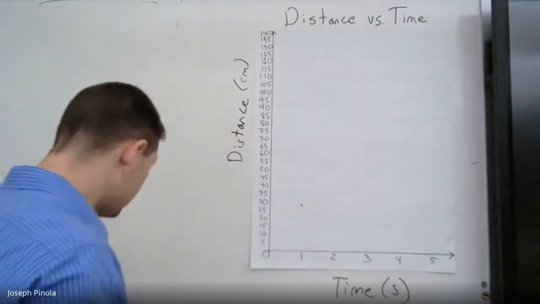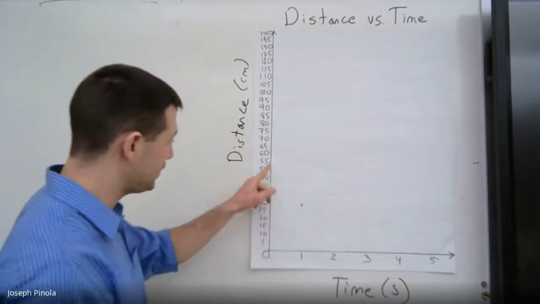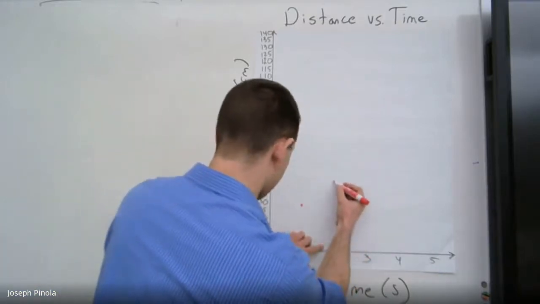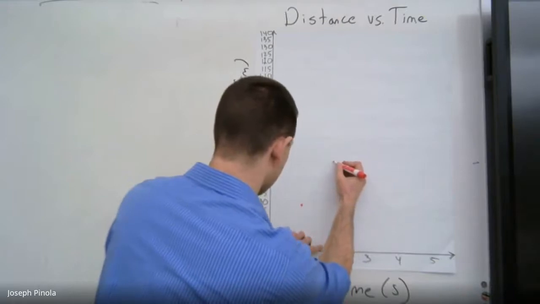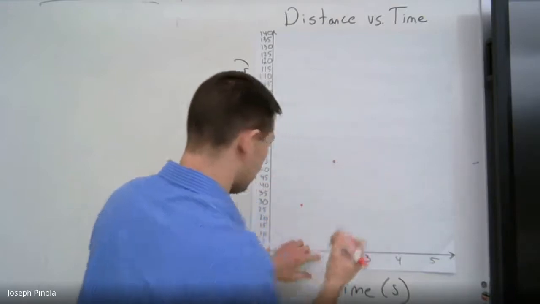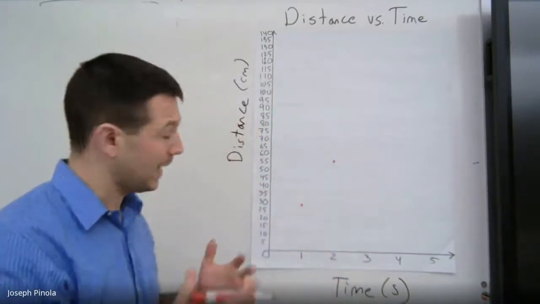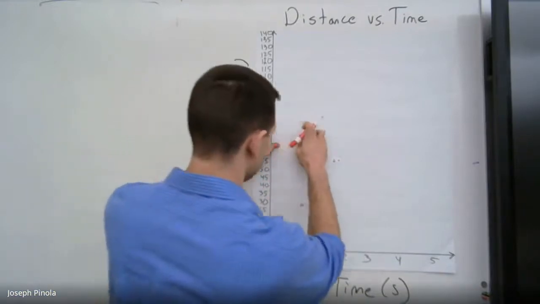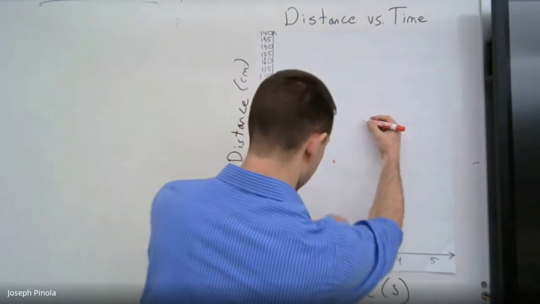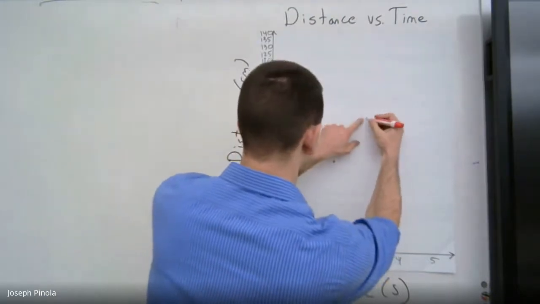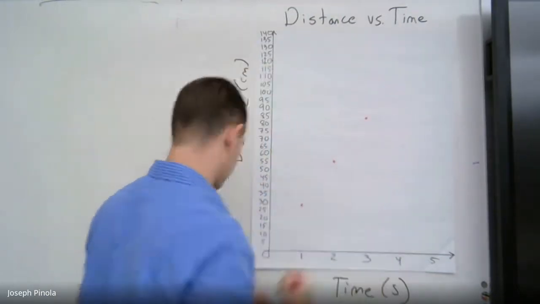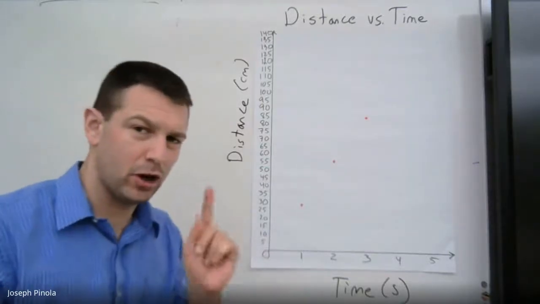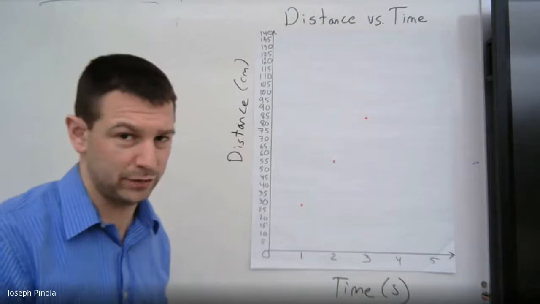After 2 seconds, the red train had covered 56 centimeters worth of distance. After 3 seconds, the red train covered 84 centimeters worth of distance. After 4 seconds, it covered 112 centimeters worth of distance.